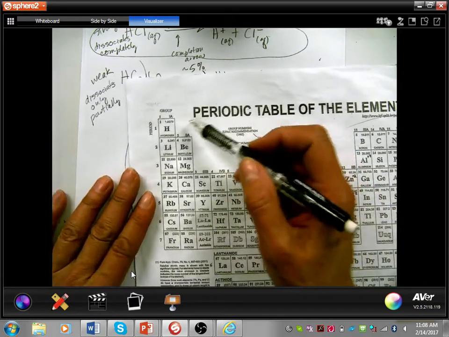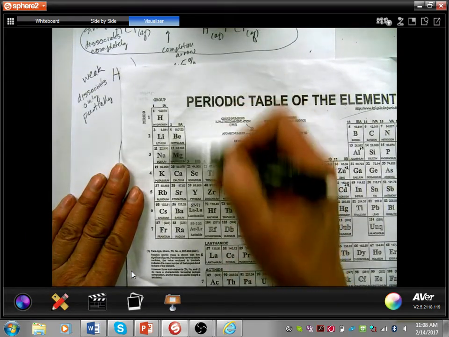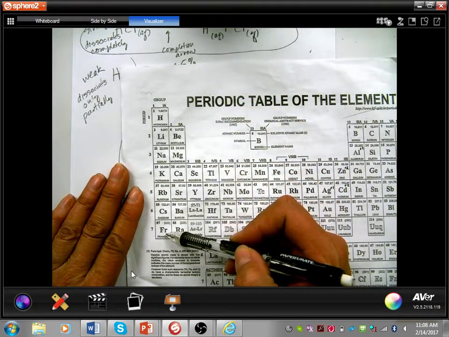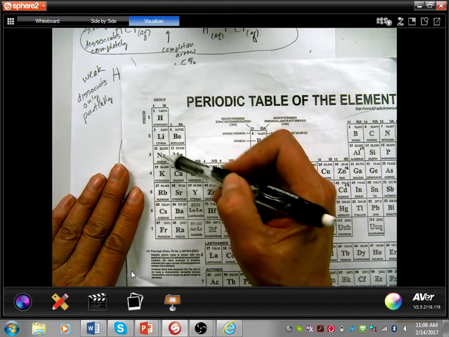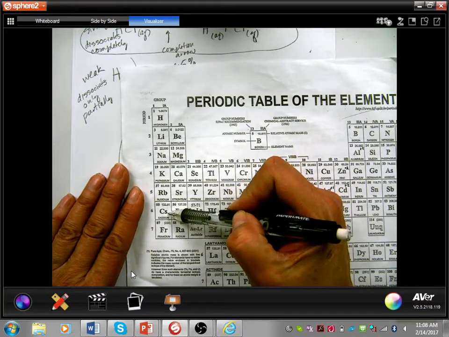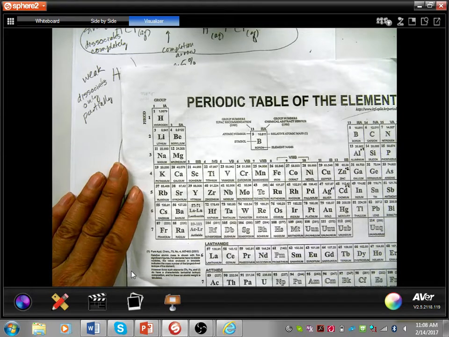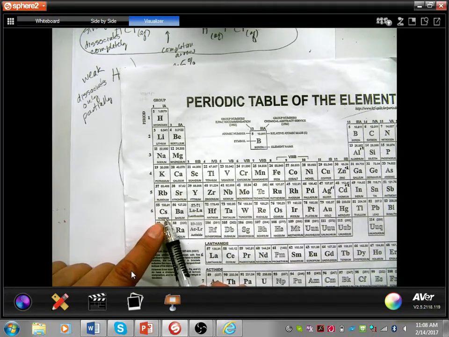All right. Any of the alkali metals hooked up to hydroxide are strong bases. That's pretty easy, right? Any lithium hydroxide, sodium hydroxide, potassium hydroxide, rubidium hydroxide, cesium hydroxide are all strong bases. Easy to remember? Yep. Okay.